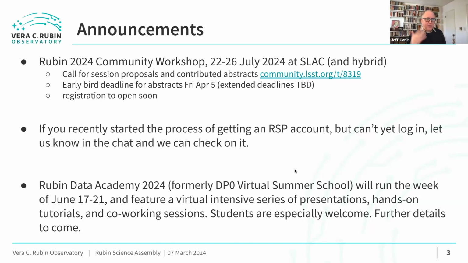This will be a week of presentations, tutorials, and co-working sessions where you can hack together with people and work through tutorials or develop your own new science explorations together. More details are coming soon on this. We're just starting the planning process, but that'll be the week of June 17 through 21 with one day off in the middle of that for Juneteenth. So it'll be 4 days out of the 5-day week.